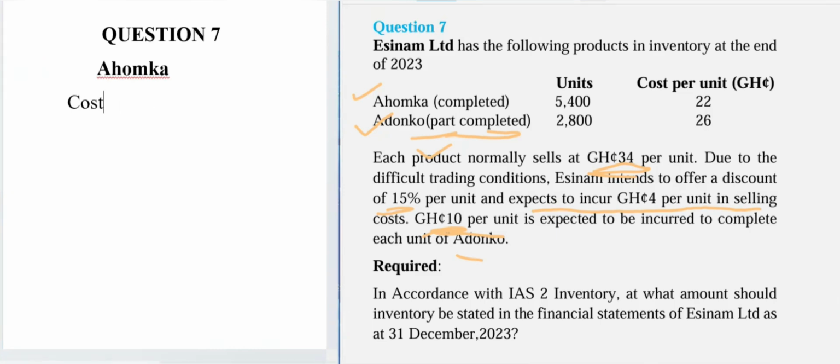Okay, you can do it the individual way, but I'm just doing 5,400 times 22, and that will give us 118,800, right?